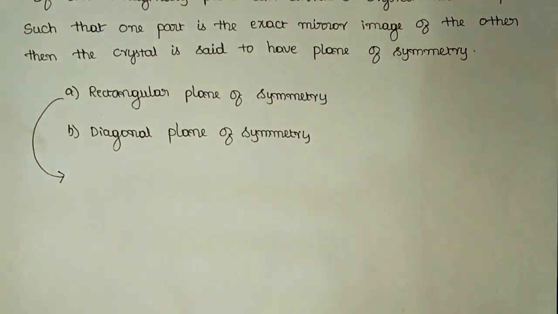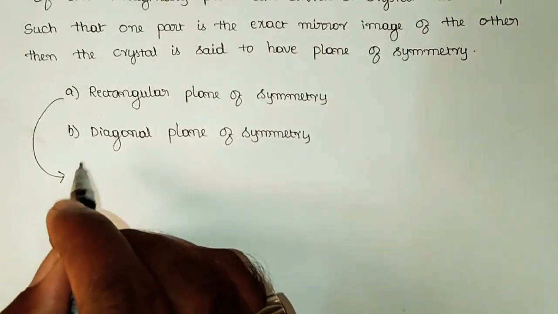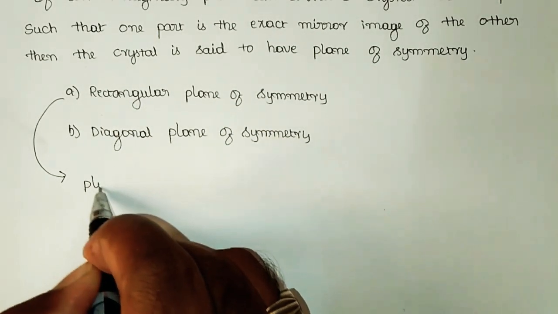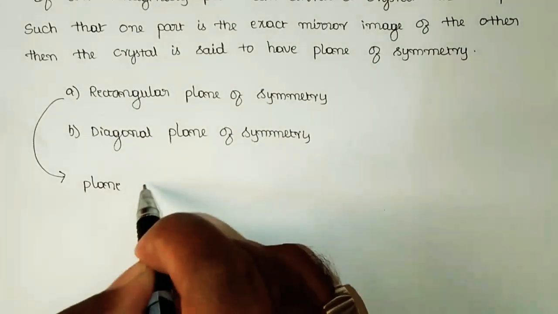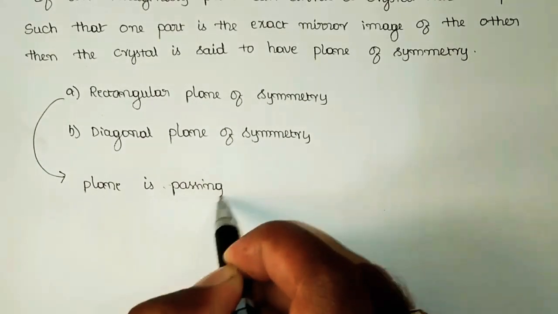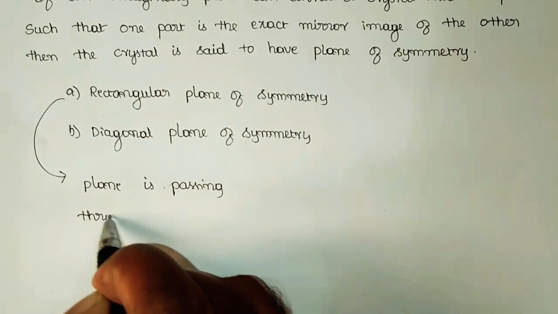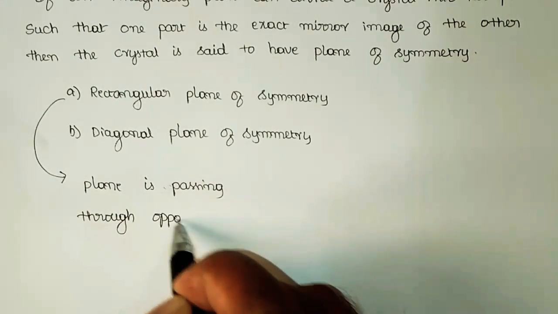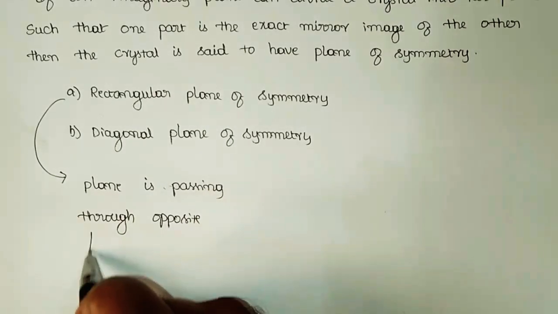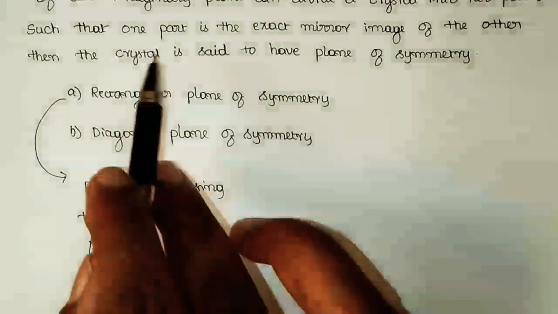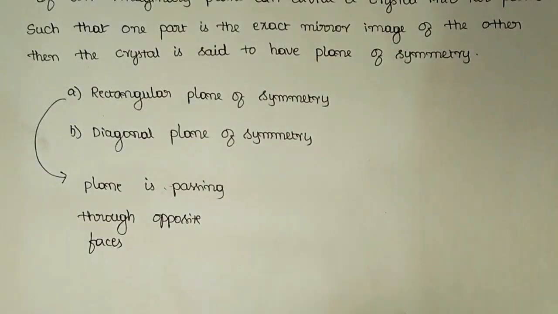See, a rectangular plane of symmetry is one in which the plane is passing through opposite faces. The plane is passing through opposite faces in case of rectangular plane of symmetry.